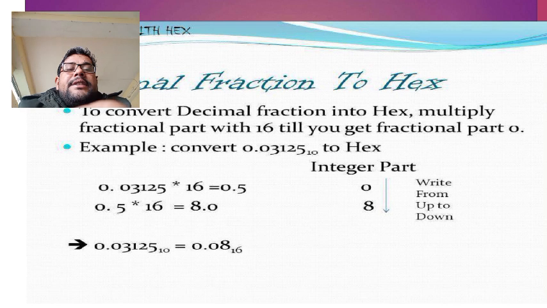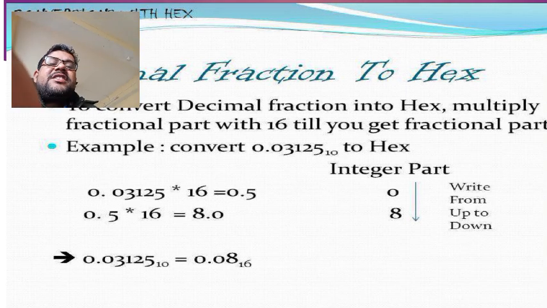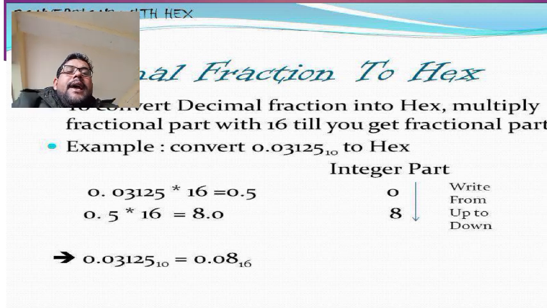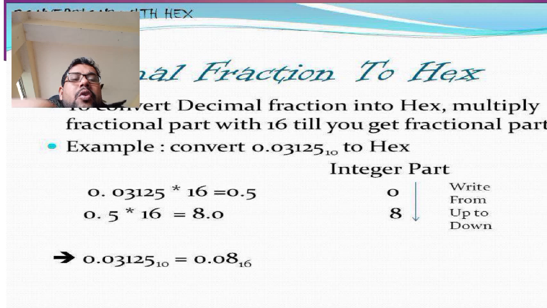This number will be multiplied by 16, and we will get 805.5. Then again this 0.5 will be multiplied by 16, so we will get 8. The integer parts are read from top to bottom, so 0.08 in hexadecimal.